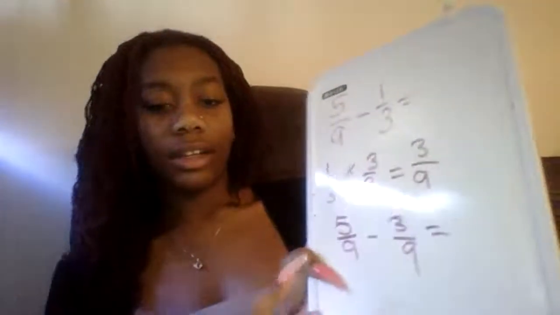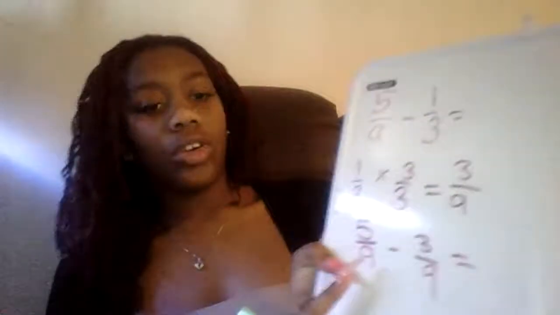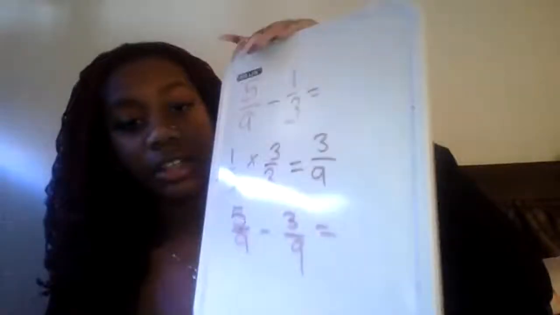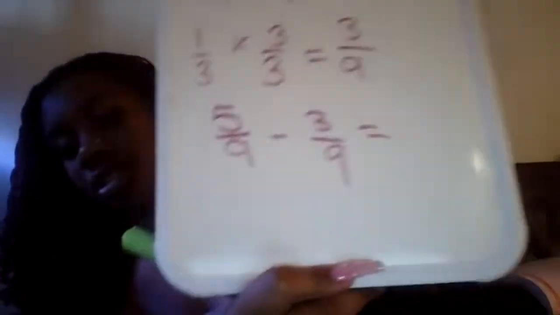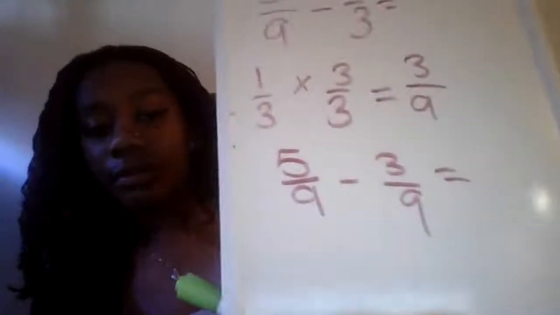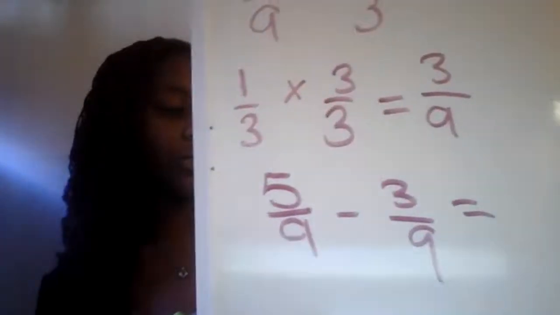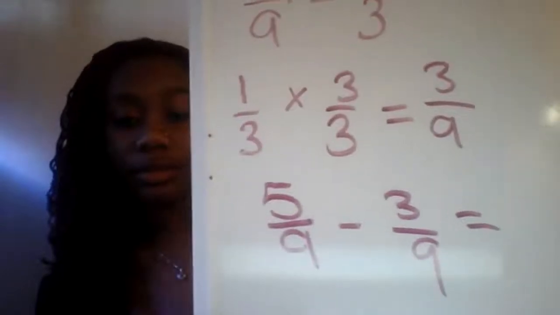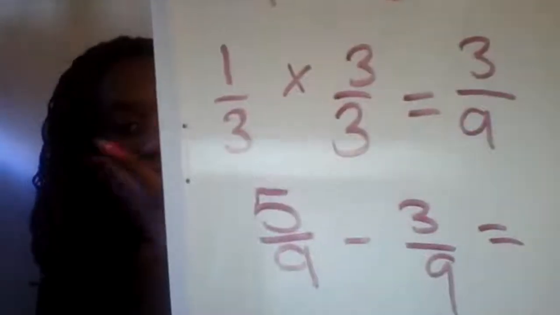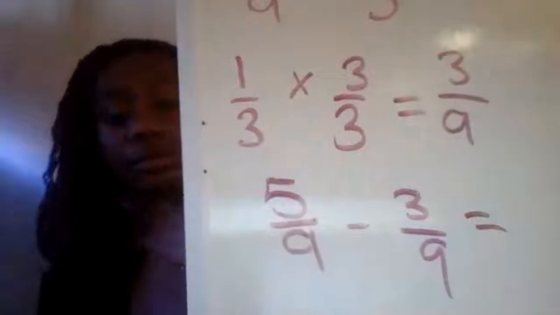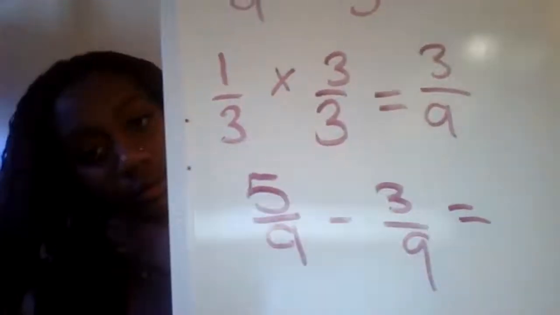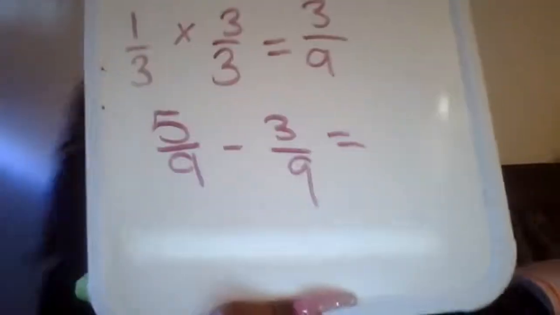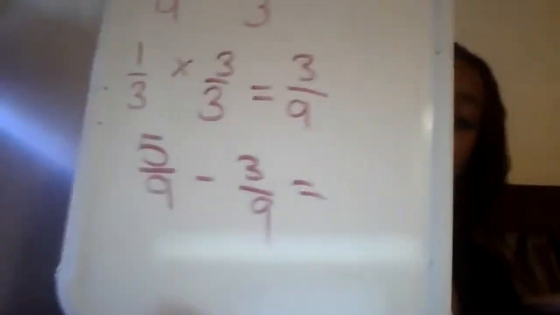So now we've got 5 over 9 minus 3 over 9. Remember, you do not subtract the bottom, only the top. You just carry over the denominator. Kingston, can you tell me the answer to this problem? 5 over 9 minus 3 over 9.